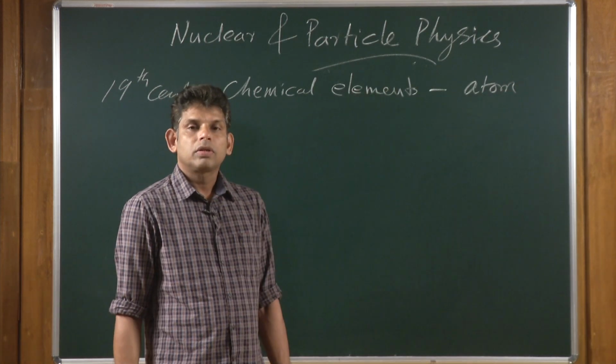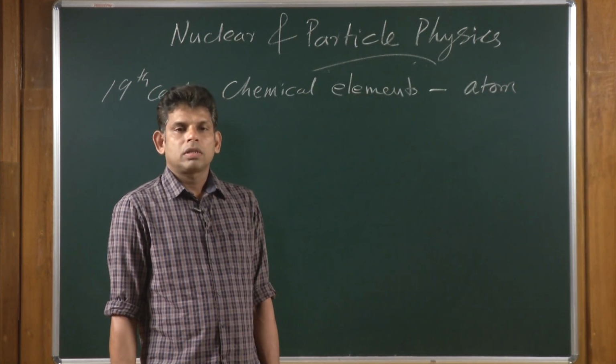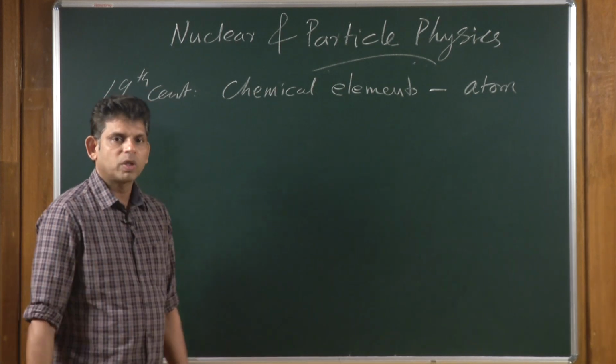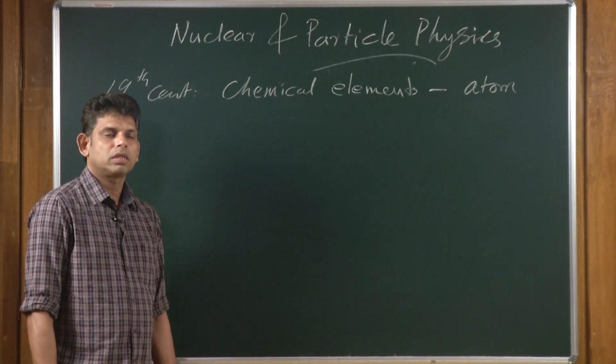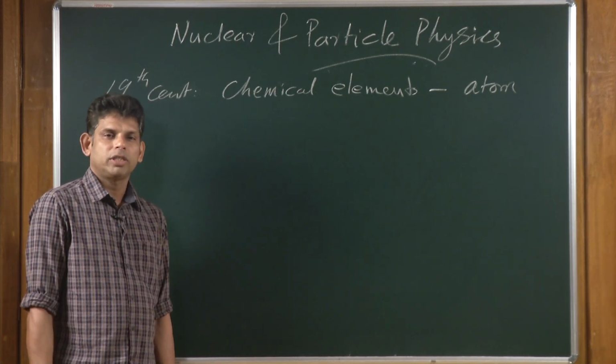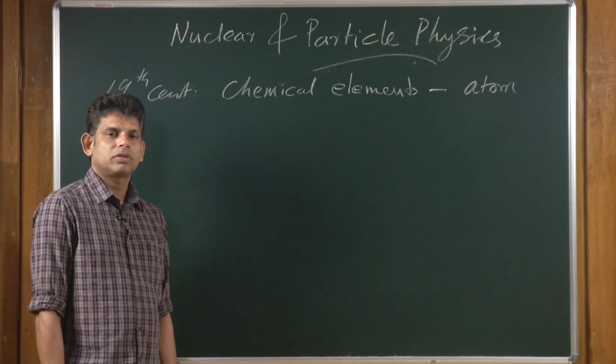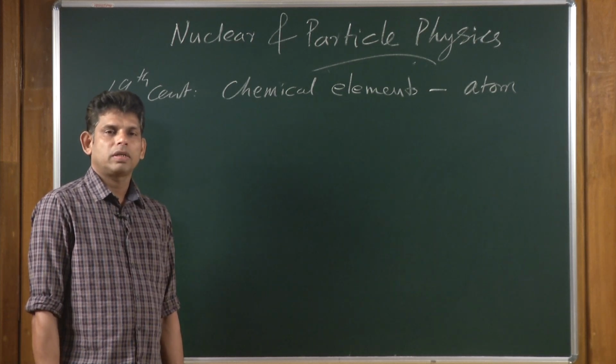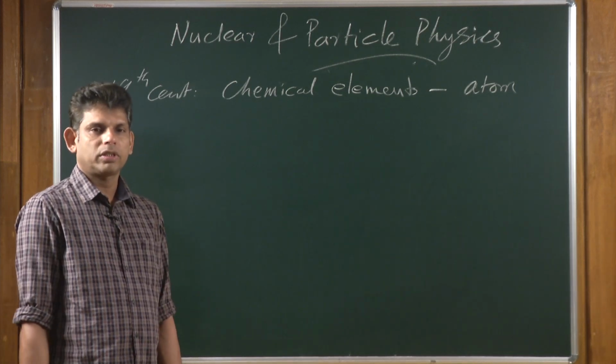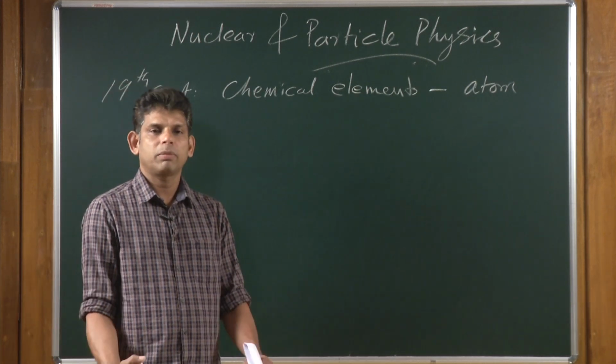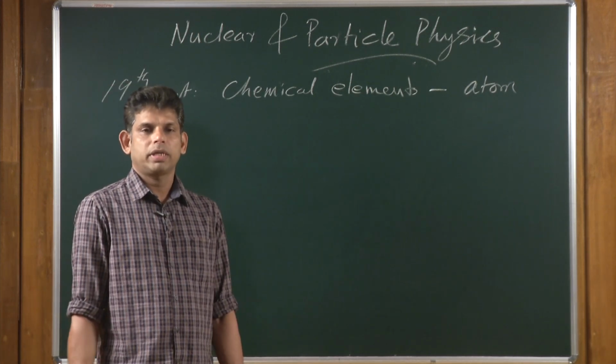And experiments to understand further what are the properties of these chemical elements, what are their constituents, what are their chemical properties, what are their electrical properties, etc., had been going on.